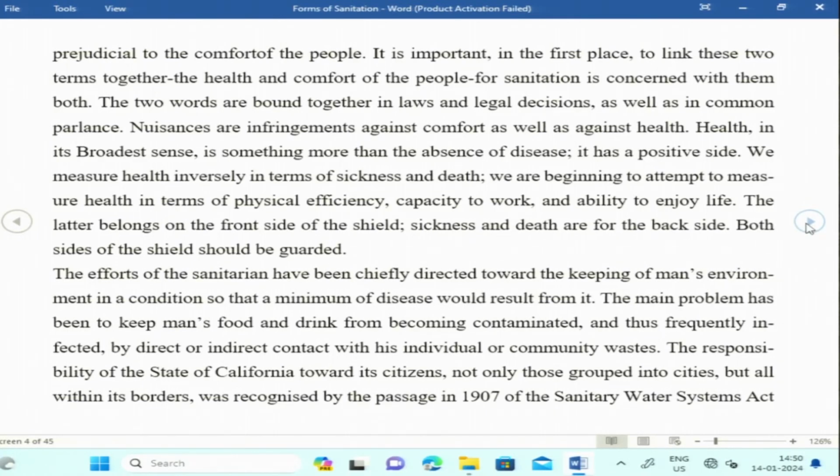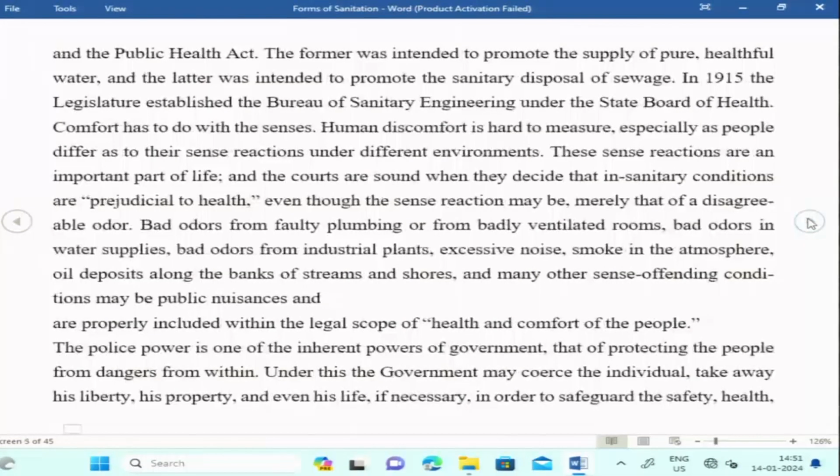For that, we speak about the historical perspective of sanitation, and how the state was gradually interfering in various aspects. In 1907 we speak about the Sanitary Water System Act, which was basically meant for the Public Health Act also.